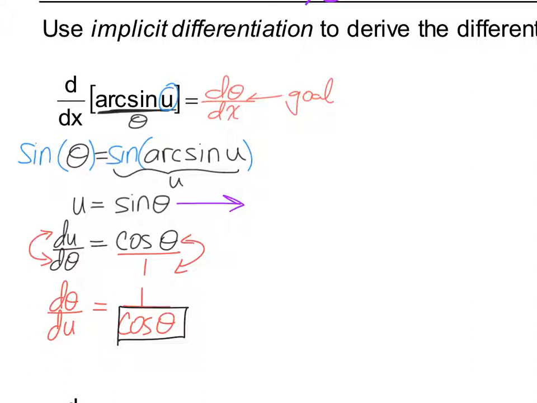I'm just starting with this. So sine of theta is u, so we could write it as sine of theta equals u over 1. I'm going to draw a triangle.